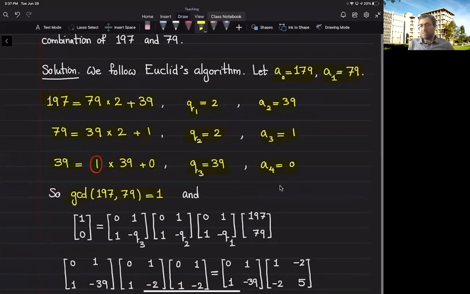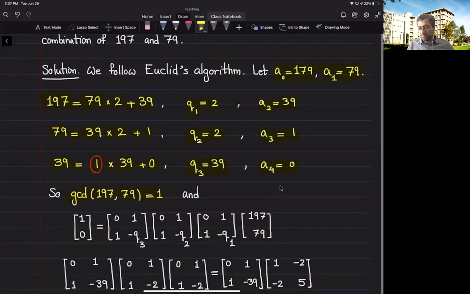Okay, so in this particular case, it was actually easy to find out that the GCD of these two numbers is 1. But it is not easy to write 1 as an integer linear combination of 197 and 79 without using this process. It is possible, I'm not ruling it out, but it is not as straightforward.